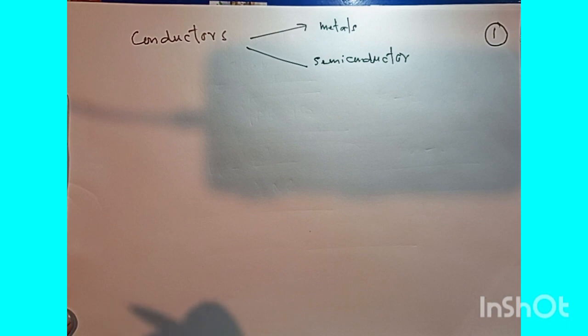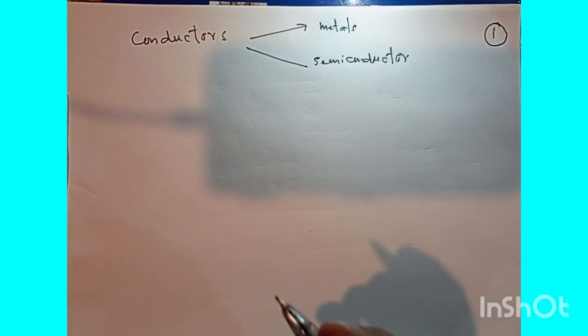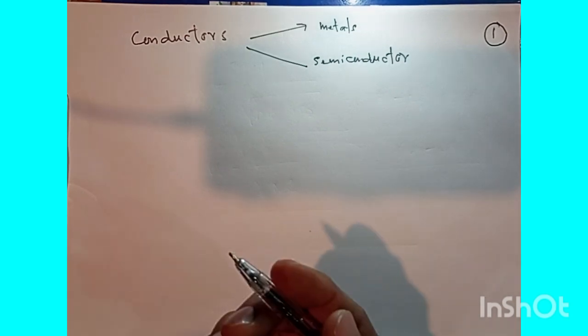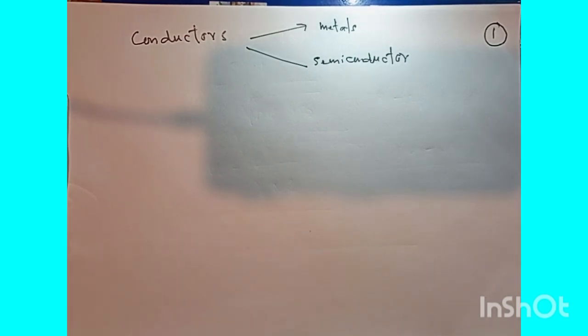Now we understand that a semiconductor is an insulator in which, at room temperature, some charge carriers are mobile. And they are mobile because of the thermal energies that they possess at room temperature.